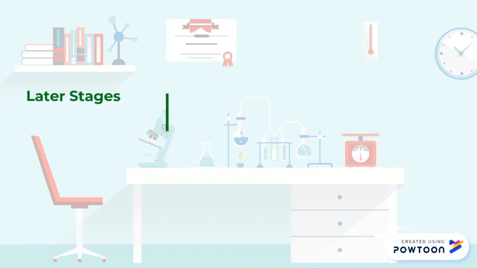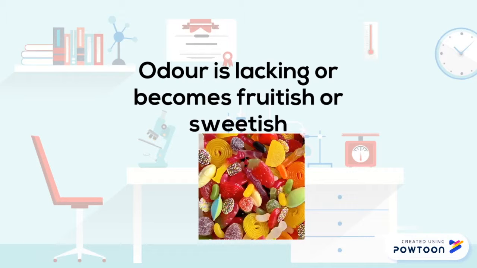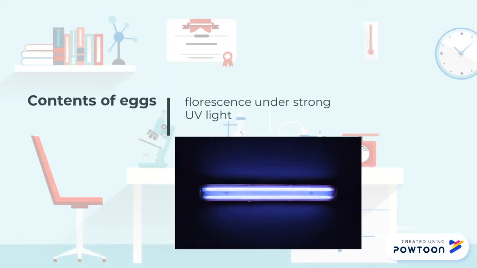The egg white in early stages becomes bright green in color during the later stages. The yolk disintegrates and blends with the white, and the odor is lacking or becomes fruity or sweetish. The content of the egg also fluoresces strongly under UV light.